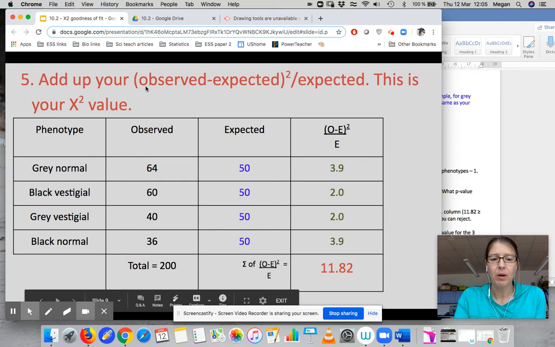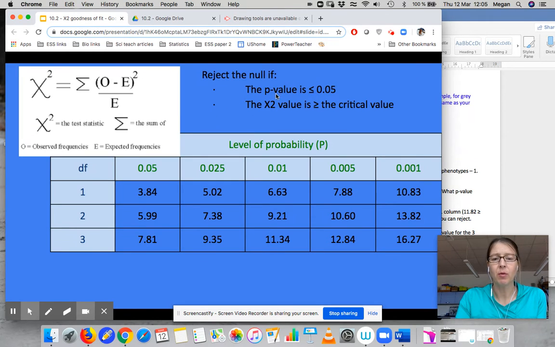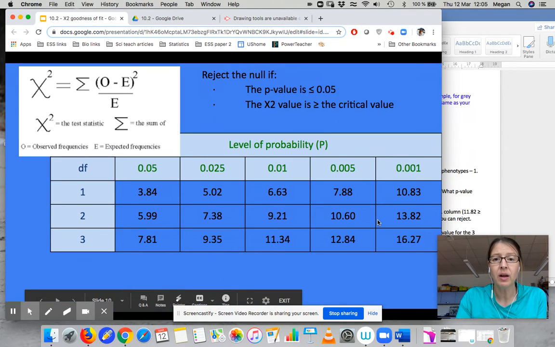Okay, so now we're going to take that chi-square value and look at our probability table to be able to determine if we're going to accept or reject the null. We could take that chi-square value to determine what the p-value is, and we could also compare that chi-square value to a critical value, which are these things down here, and determine if we accept or reject if it is greater than the critical value at 0.05.